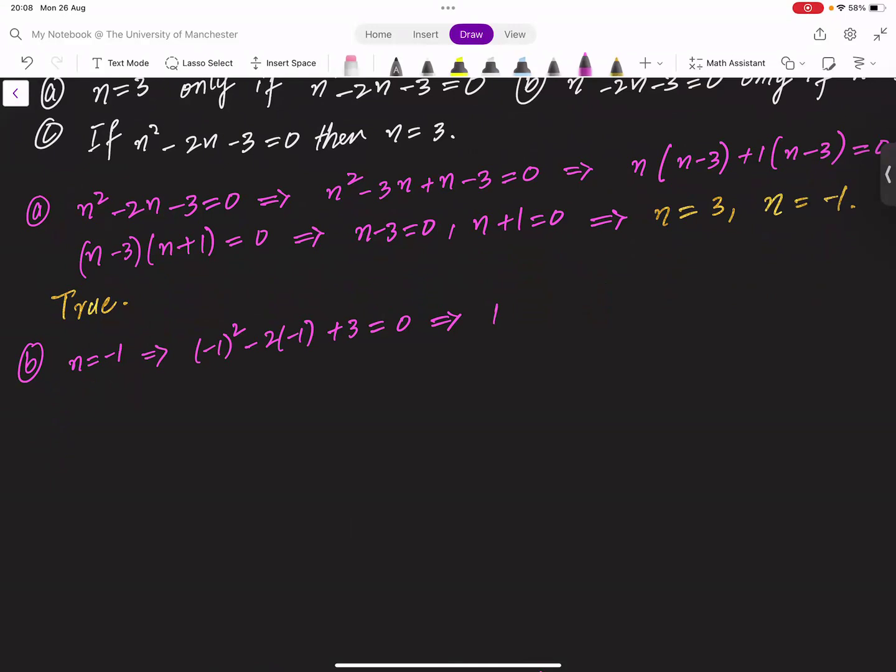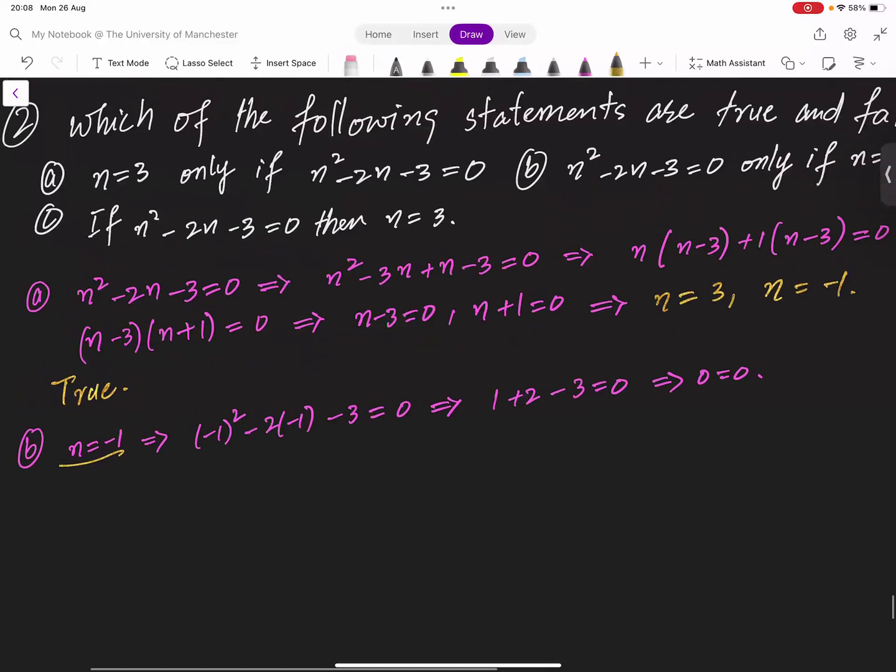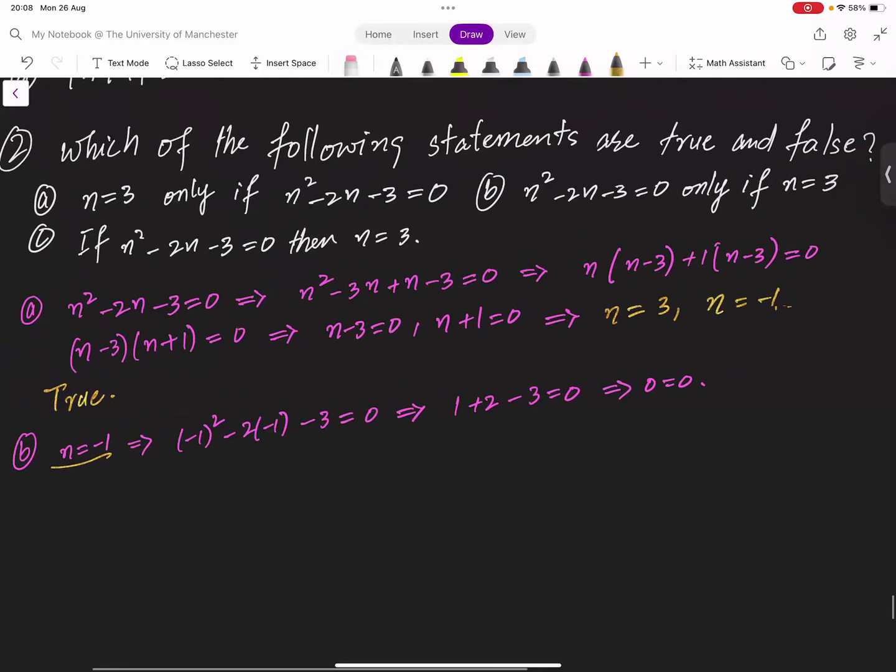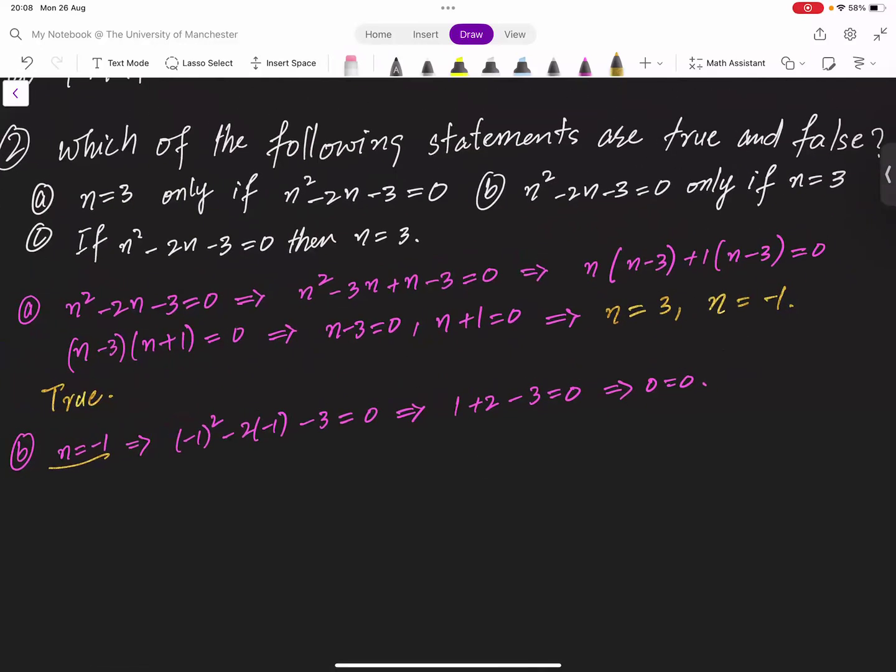Minus 1 square is plus 1, and then minus into minus is plus 2, and minus 3, is 0. This shows that because there is some other number for which this equation is 0, it's not necessary that only if n is 3, this is 0. So B is false.